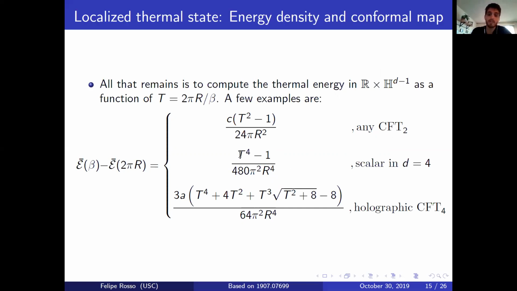In the particular case of 4 spacetime dimensions, it's very simple. It's given by this expression, and you have analogous expressions in higher dimensions. You can also consider holographic CFTs, and you get some other dependence that I show over here, where you see that the dependence on the T parameter is a little bit more complicated.